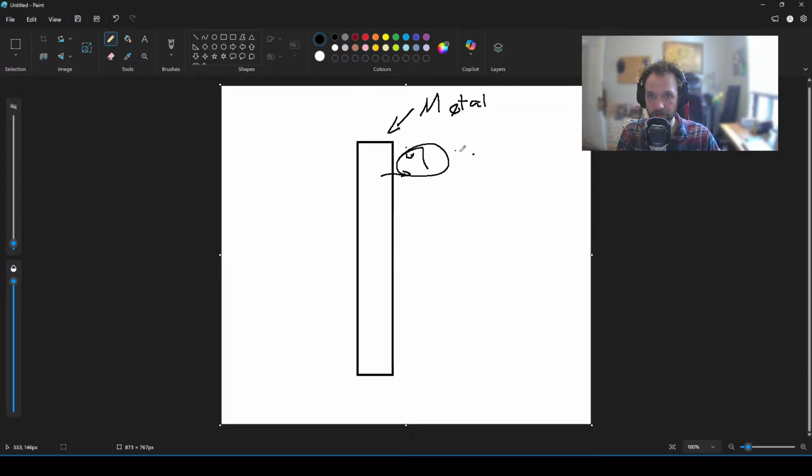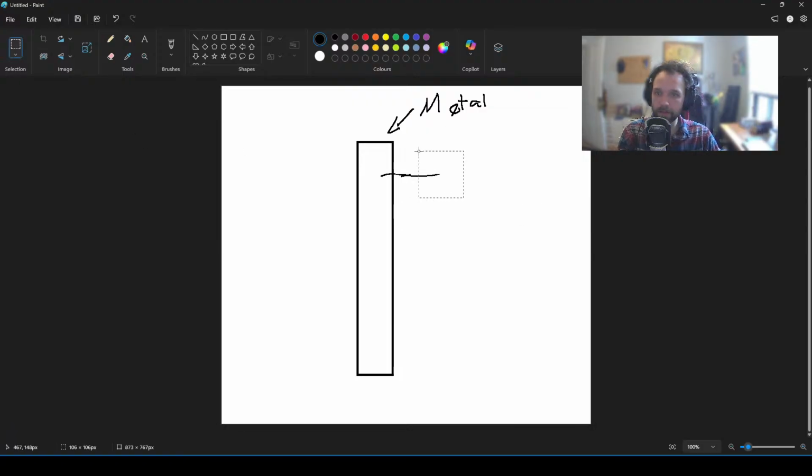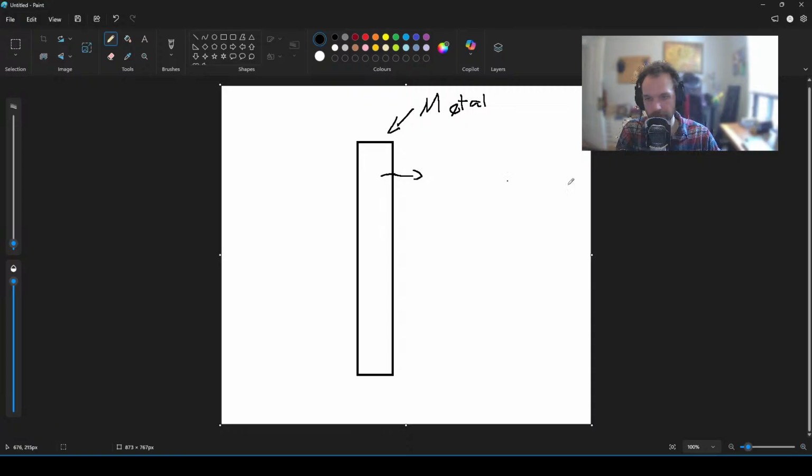Control Z. Why is Control Z not working? What have you done, Microsoft? Has AI messed up Paint too? Did they honestly get rid of Control Z on Paint? Control Z isn't working. That or my keyboard isn't working.